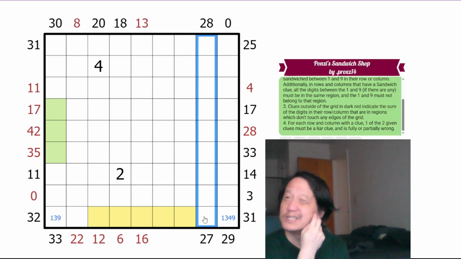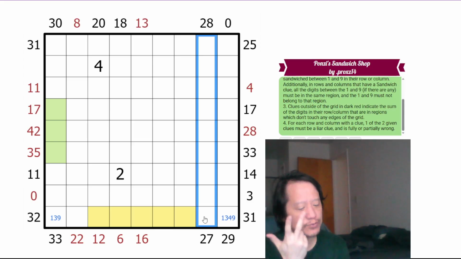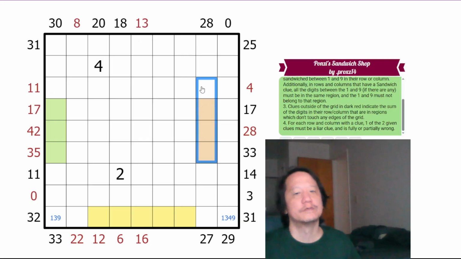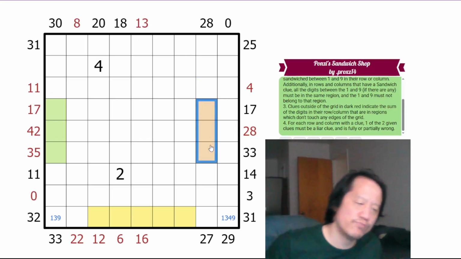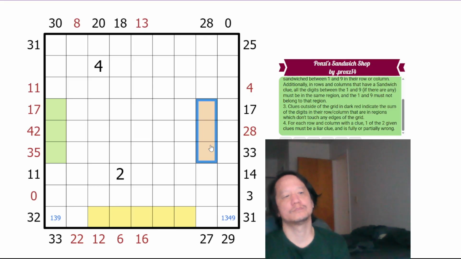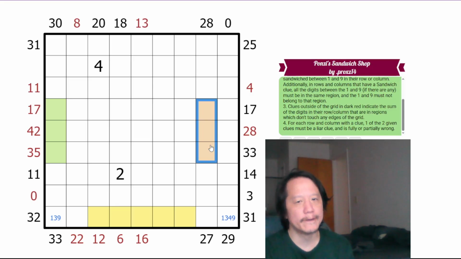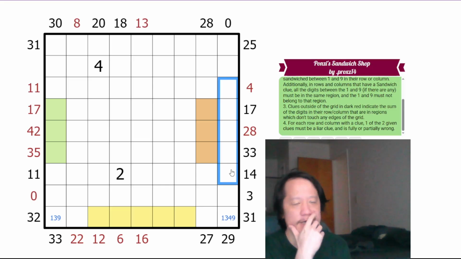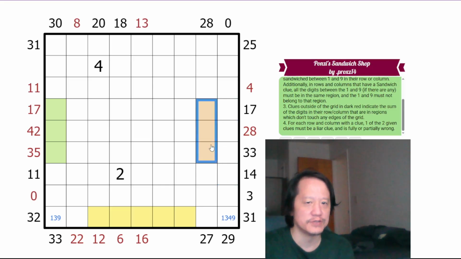You cannot have 3 digits, though. 27, 35 minus 27 is 8. And again, you can't have 3 digits because 3 digits would require a 1 there. So these are all part of the same region, guaranteed. Obviously, if the 29 is valid in column 9, they're not the same region as this region here.